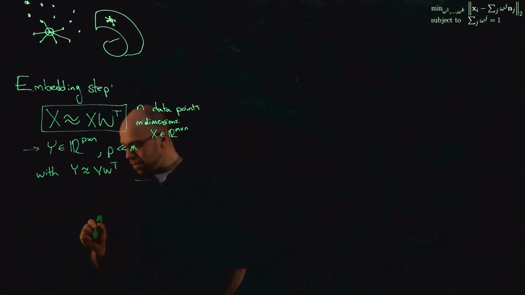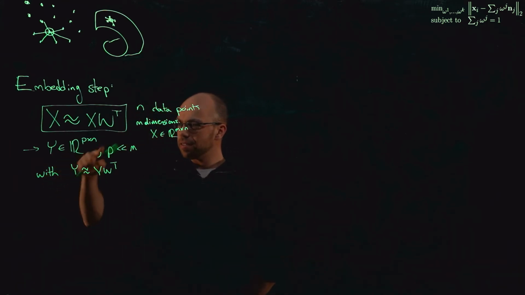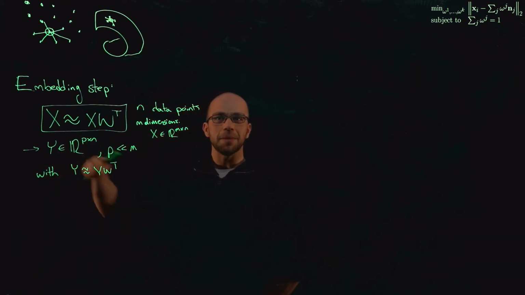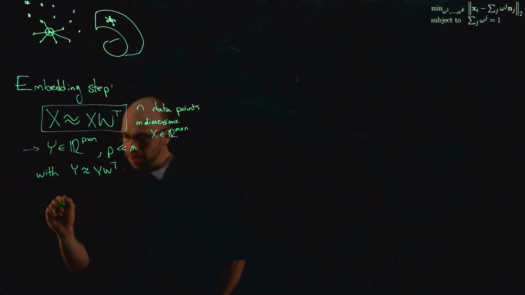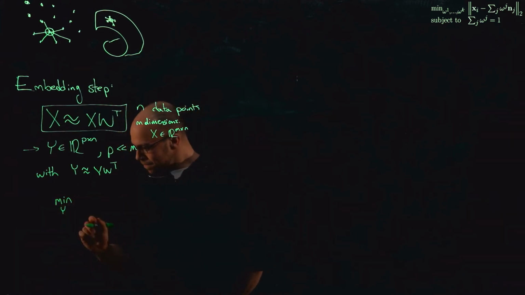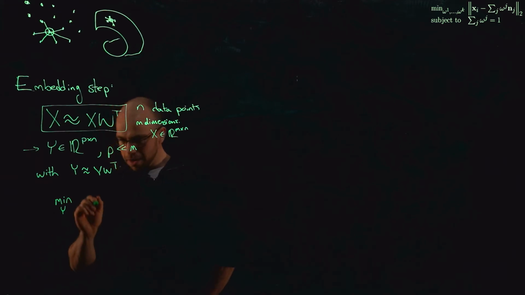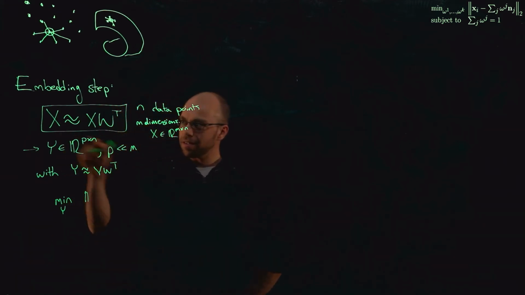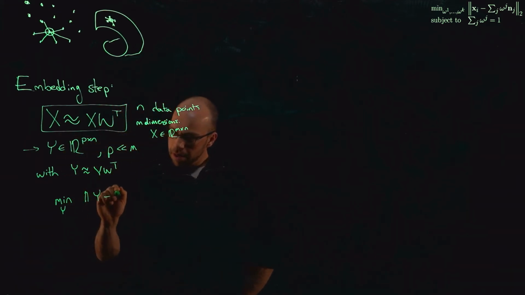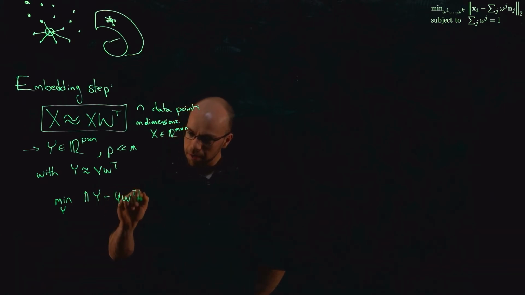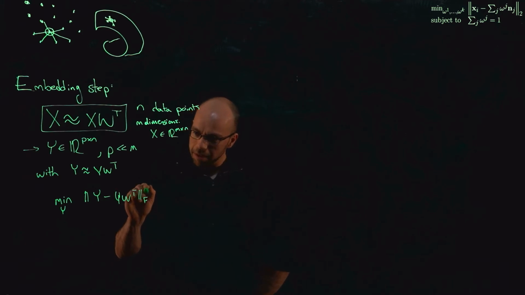So for example, I'm just going to constrain the size of Y to be p by n, and I could write the following optimization problem, which is to minimize the norm of Y minus Y W transpose. This would be the Frobenius norm.